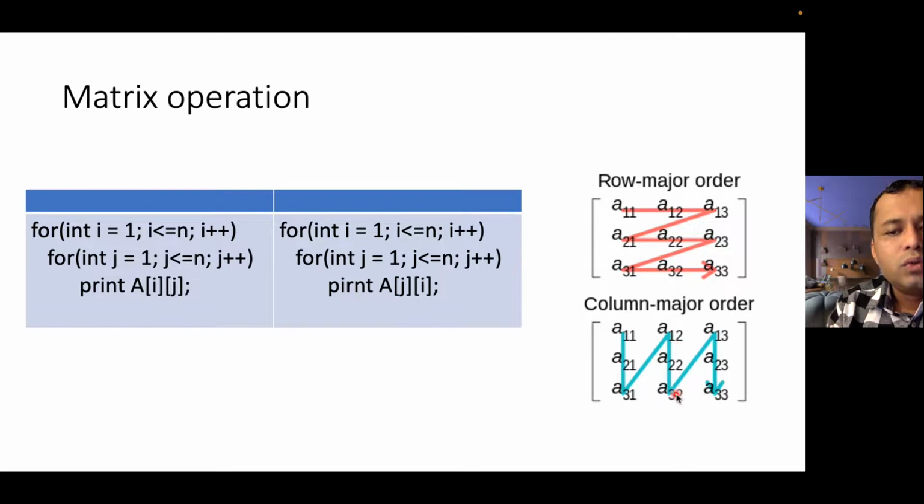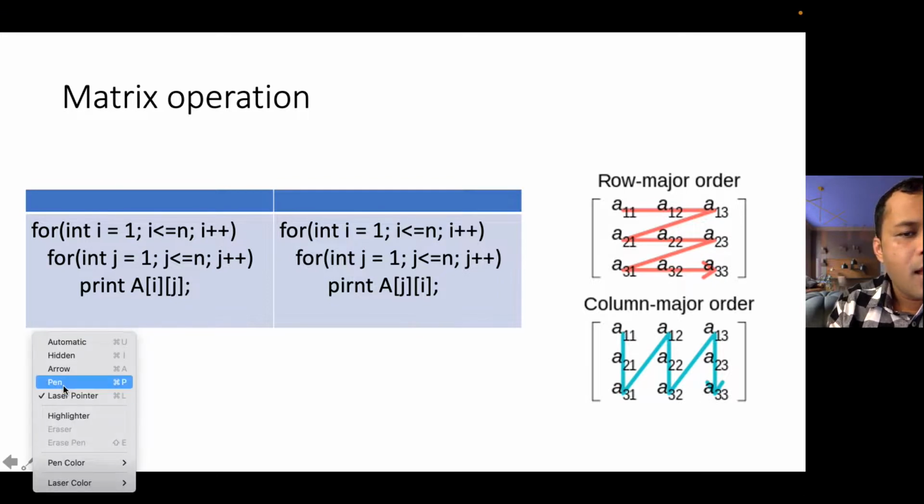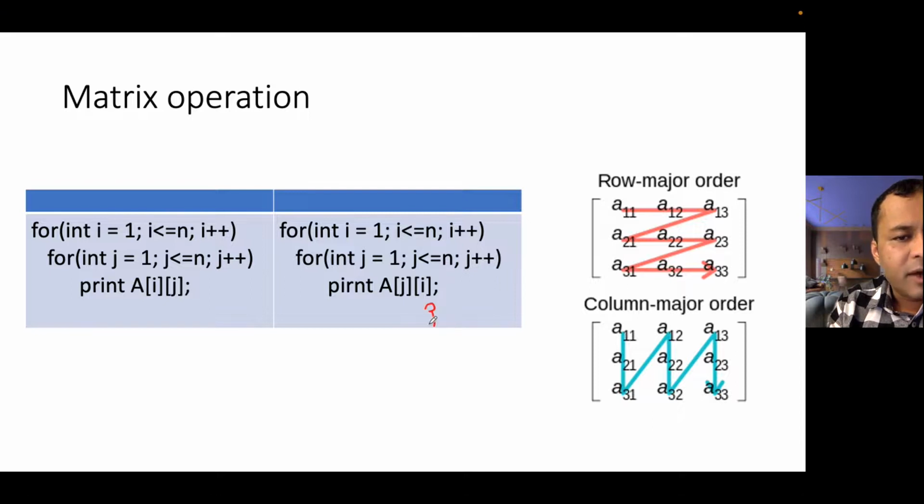Then i becomes a 3, so you fix this as 3 because i is now 3. Then j would become 1 3, then 2 3, then 3 3. So you see that this went over this column.